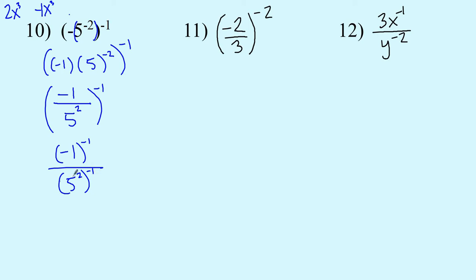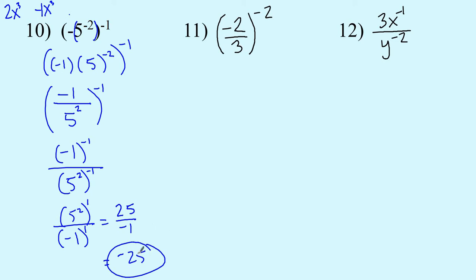When you have negative exponents, you just flip them to the other side. So negative 1 to the negative 1 gets moved to the bottom to become a positive exponent, and this 5 squared to the positive 1 gets moved to the top. Essentially what I have here is 5 squared over negative 1. So 25 over negative 1, my answer is negative 25.